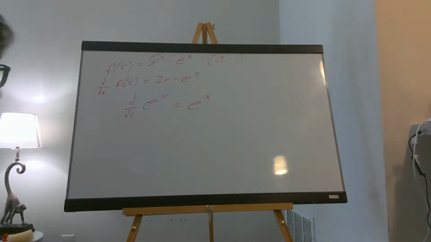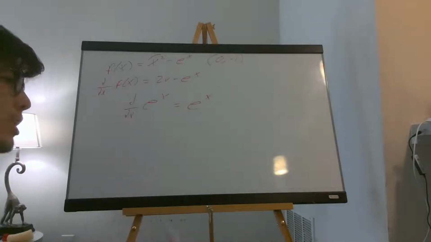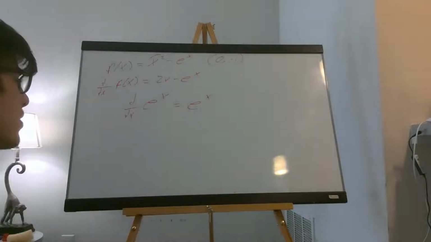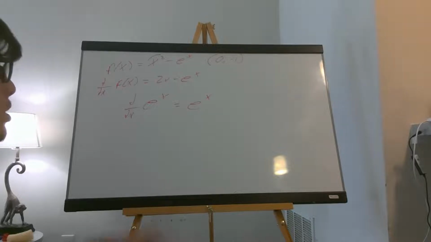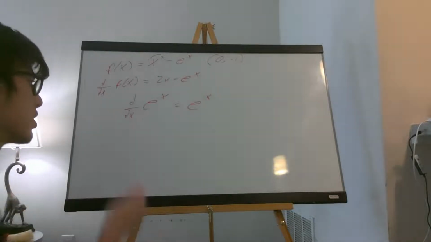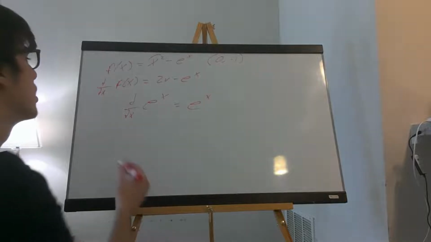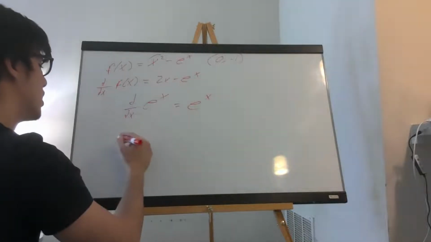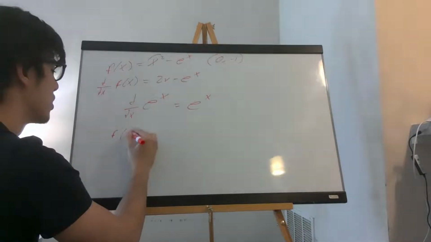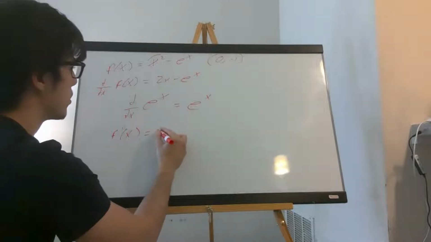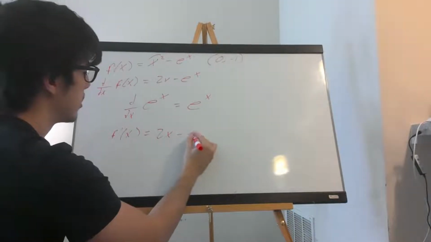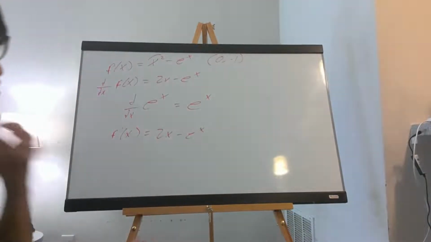It is a differentiable constant. It's very useful in differential equations. If you take that course, which if you're an engineering major you're going to, you'll get to use this little trick a lot more. So we know that f prime of x is equal to 2x minus e to the x.